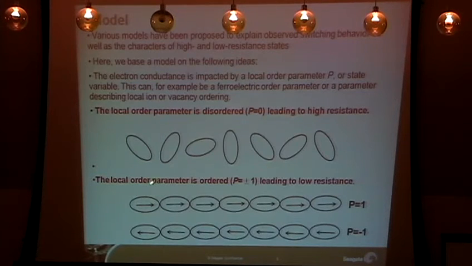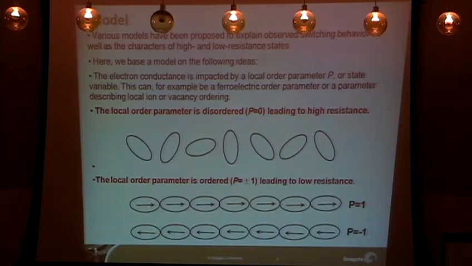So what we were thinking about is, we've heard various models, certainly a very wonderful talk this morning by Stan Williams and Chua about how to describe these memristors or switching devices. But we were thinking about having a model that is described by an order parameter that describes local order, or a state variable.